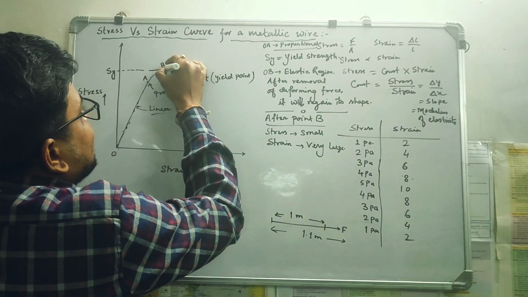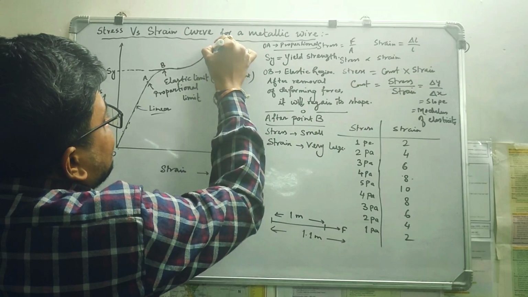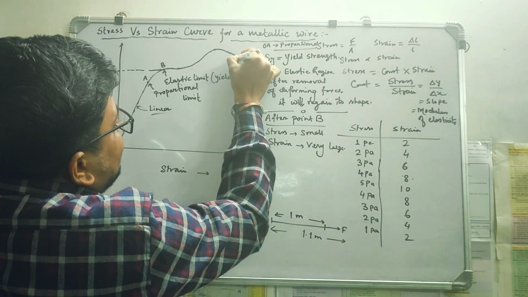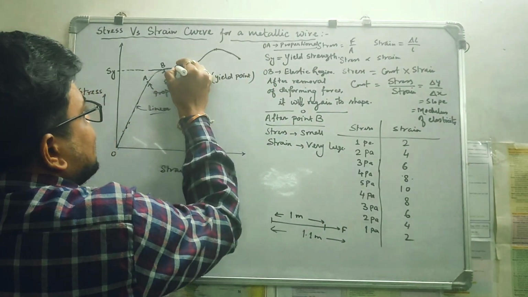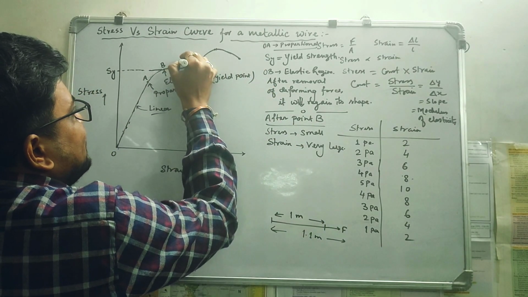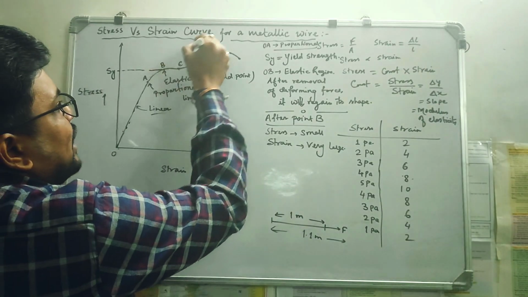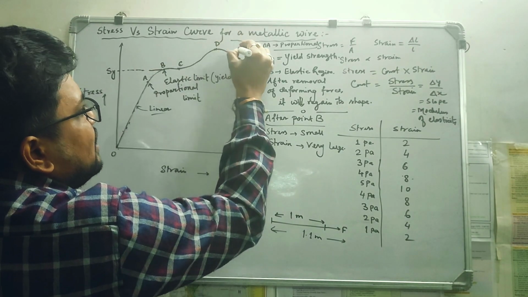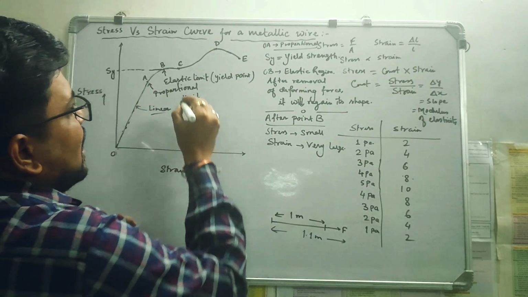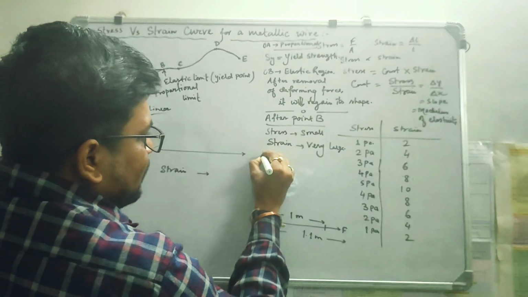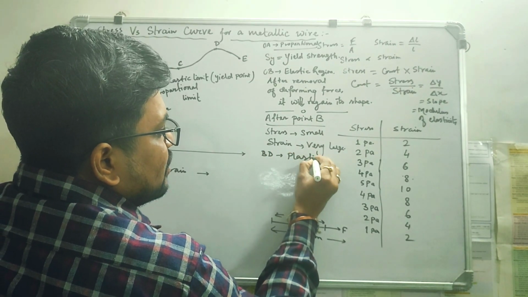So after point B, the graph will be like this. It will move and reach a maximum stress, and then after some time it breaks. I'll take another arbitrary point C over here. So C point में क्या होगा? After point B, this is D, and I am taking this as E. Now, this region from B to D is known as the plastic region.